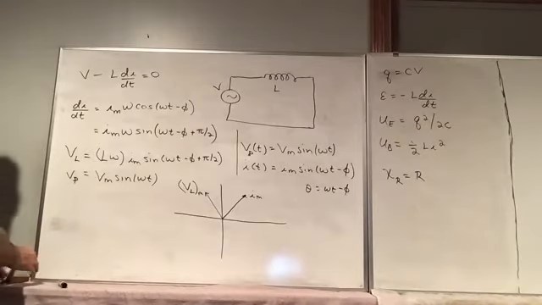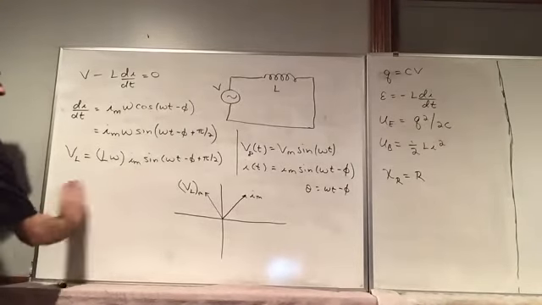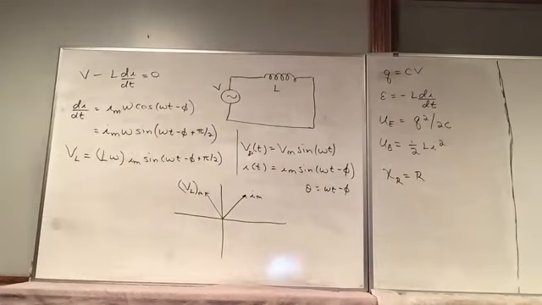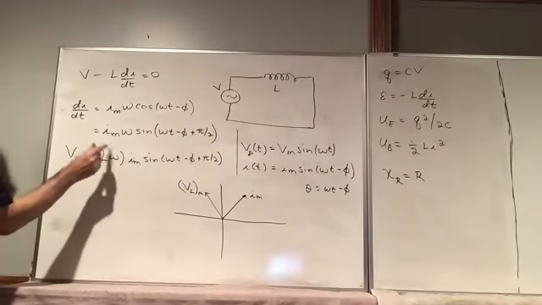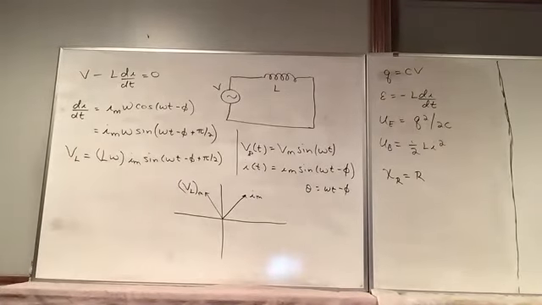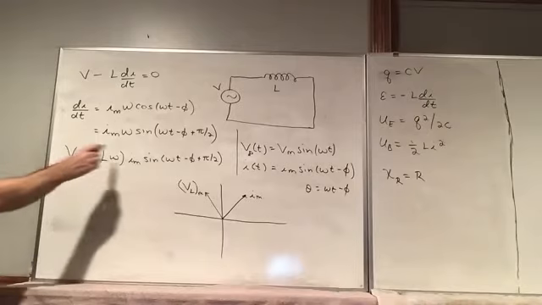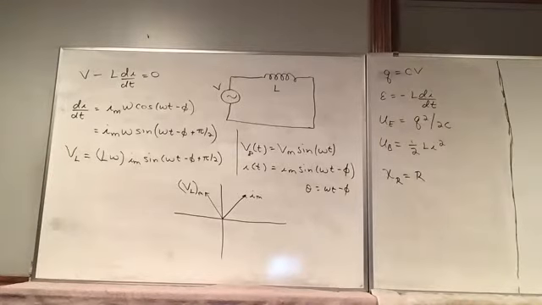Okay, now let's see if we can put this together. We'll look at this term in parentheses, L omega. So we have a relation between the current and the voltage. They're out of phase, but let's just look at the maximum values.